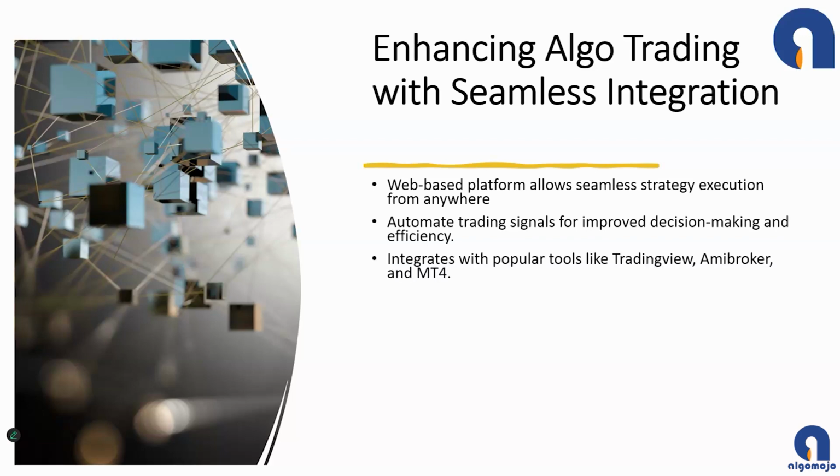We are currently integrated with some of the popular tools like TradingView, Amibroker, MT4, etc., even chart-based tools. If you are running your own strategies in any of these platforms, you will be able to integrate them using Algomojo to place orders into your broker account.